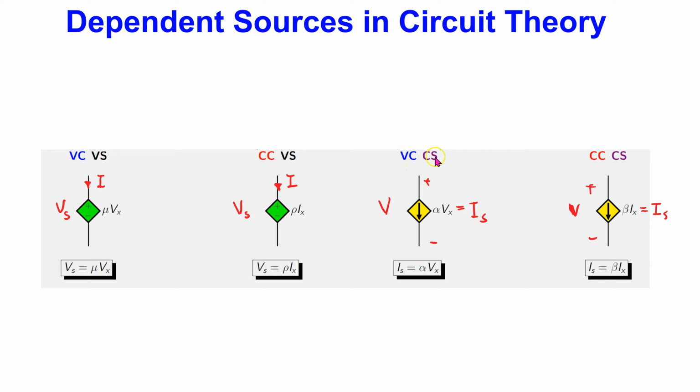Thus, for the voltage controlled current source and the current controlled current source, the voltage drop V could be 0, but the prescribed current will still be Is.